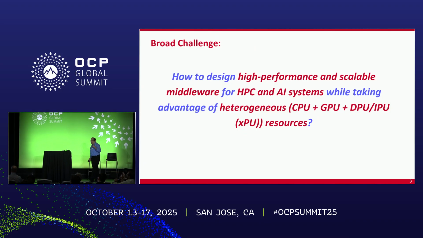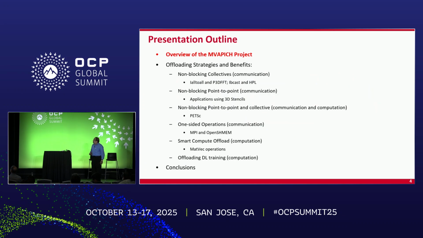So, if you are trying to design some kind of middleware, I will focus both on the HPC side as well as on the AI, especially on communication and computation. How do you design those kinds of middleware for both HPC and AI systems while taking advantage of heterogeneous resources? When I say heterogeneous, it is CPU, GPU, DPU, IPU or in general XPU, and that is what we will be focusing on.